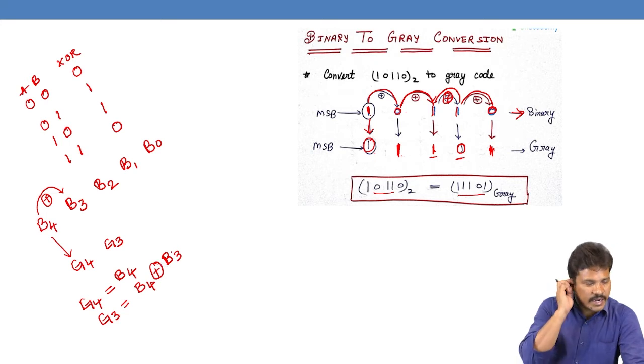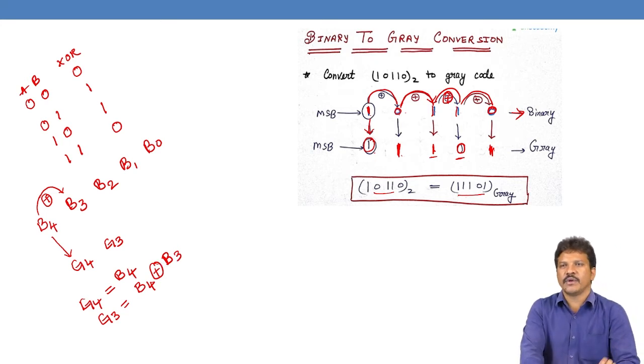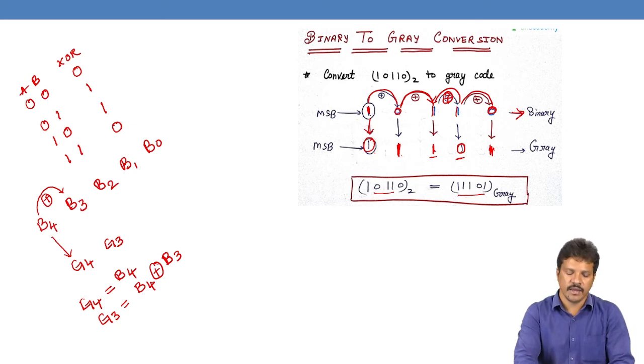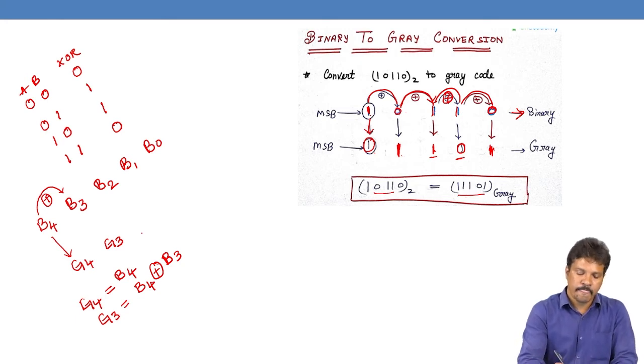So in binary to gray conversion, the left side is the gray equation we need to get, and the right side only takes binary bits, no other bits. We get G2 from B3 XOR B2.